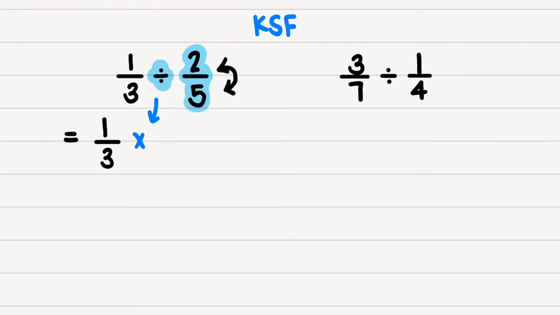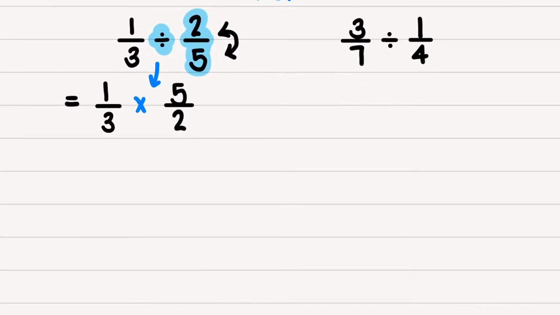So instead of it being 2 over 5, I'm going to have it as 5 over 2. And now I'm going to do it the same way as the normal multiplication. So I am now going to do numerator times numerator. So 1 times 5 is 5 over denominator times denominator. 3 times 2 is 6.